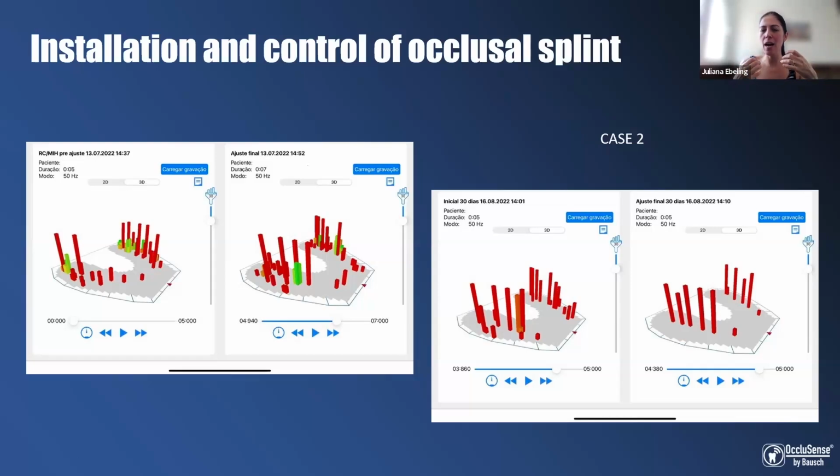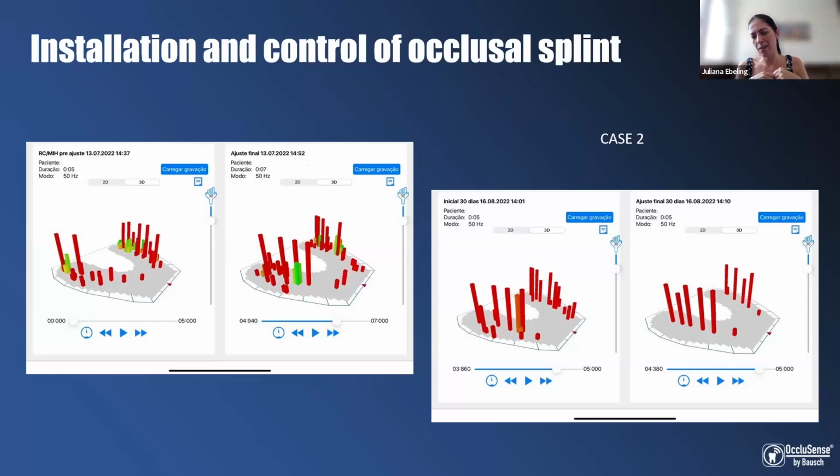Maybe if I give the system a stable position, a very good contact distribution, this patient has muscle balance, and is in a new phase of life, of stress. This is a different patient from the past. Maybe this patient doesn't really need to use it all the time, and so fix the splint.